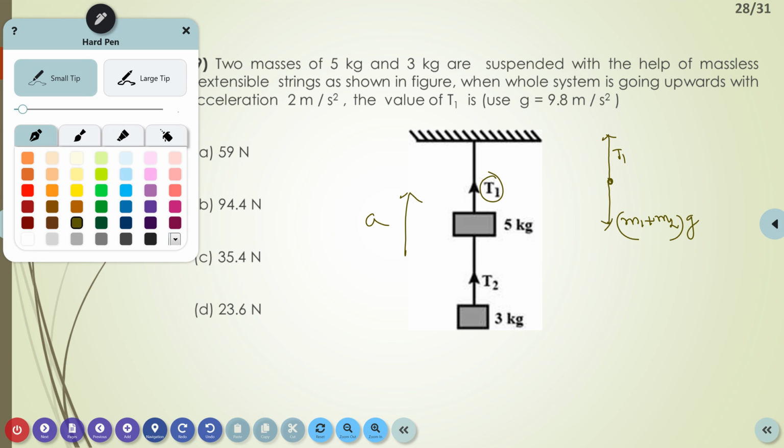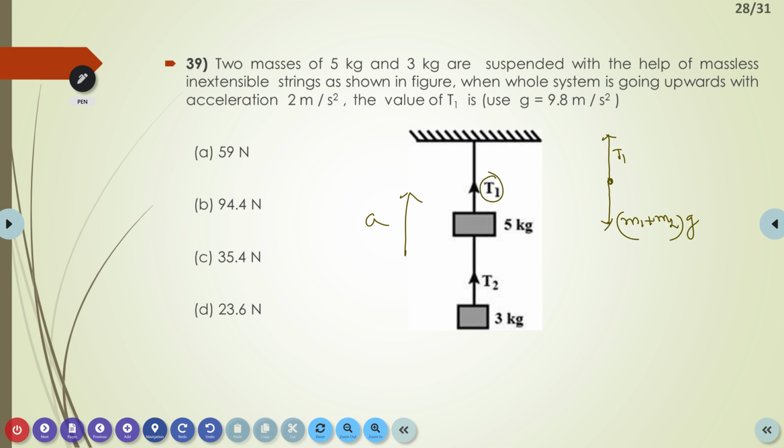Since your body is moving with some acceleration in the upward direction, T1 minus (m1 plus m2) into g equals (m1 plus m2) into a. This is the free body diagram. Because the upward force is more compared to this, that's why I have written T1 minus.